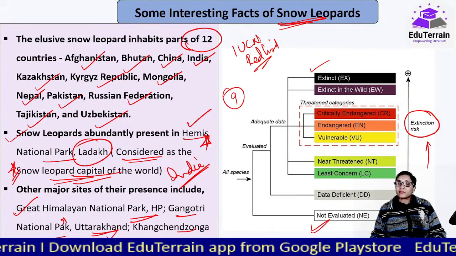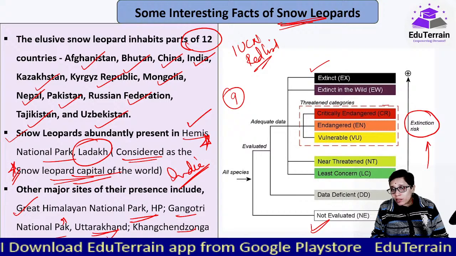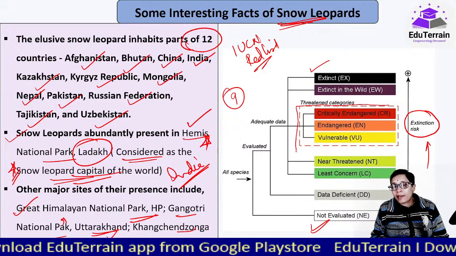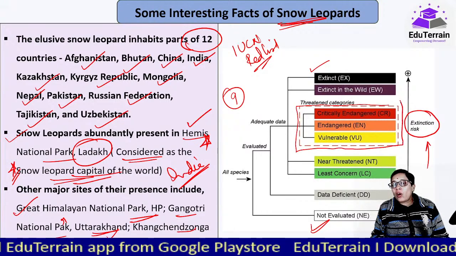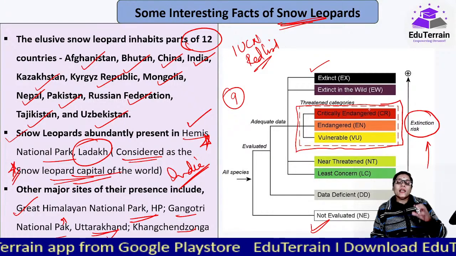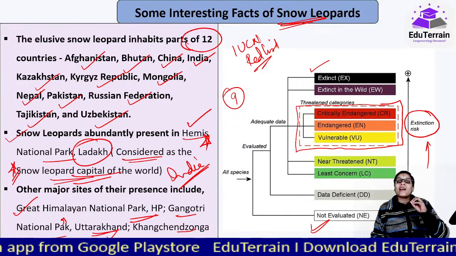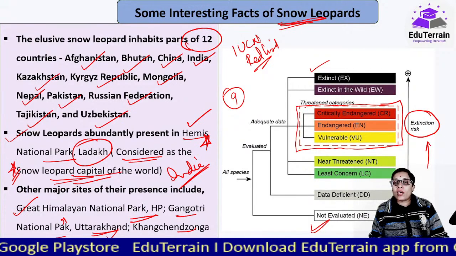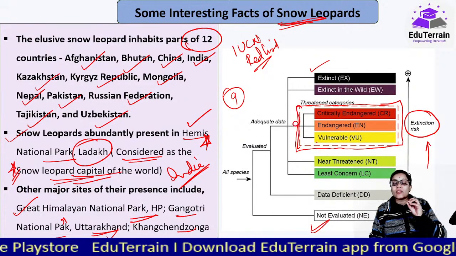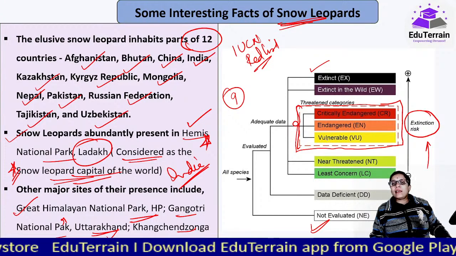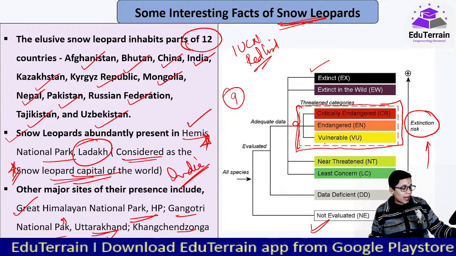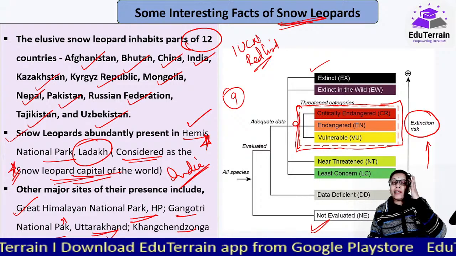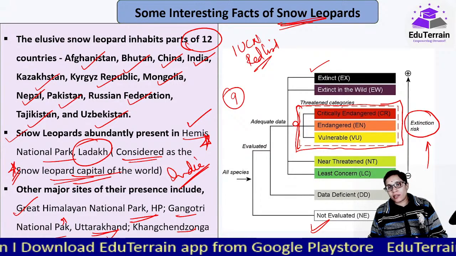So these are the ones which are in the threatened category, that is, if we do not take proper care, if we do not take any conservation measures for the flora and fauna that fall in these 3 categories, then there is a high likely chance that they might move to extinction.